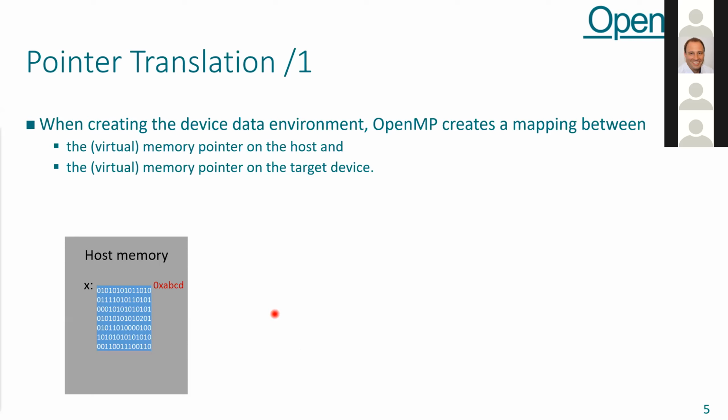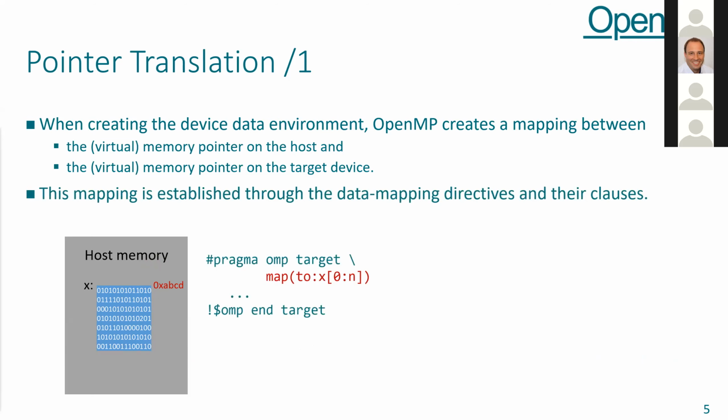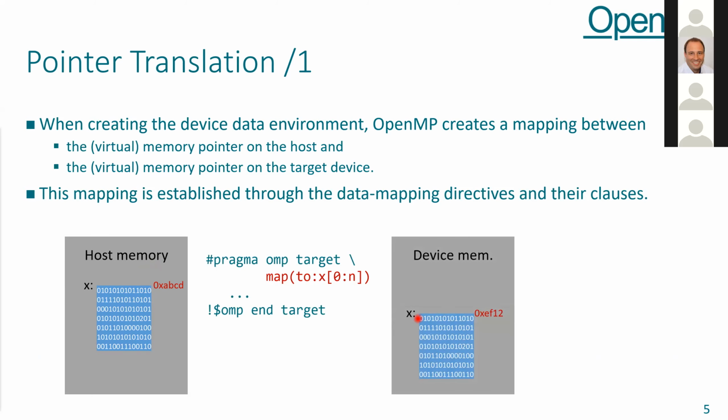So here's the X array with some content and a virtual address in your host memory. Let's call it ABCD. Then when you do the target data map for X, you allocate a bunch of memory in the device memory, and let's call that EF12, just a different value. What OpenMP now maintains for you is this mapping table that I already mentioned, where ABCD, the host pointer, is mapped to this device pointer.